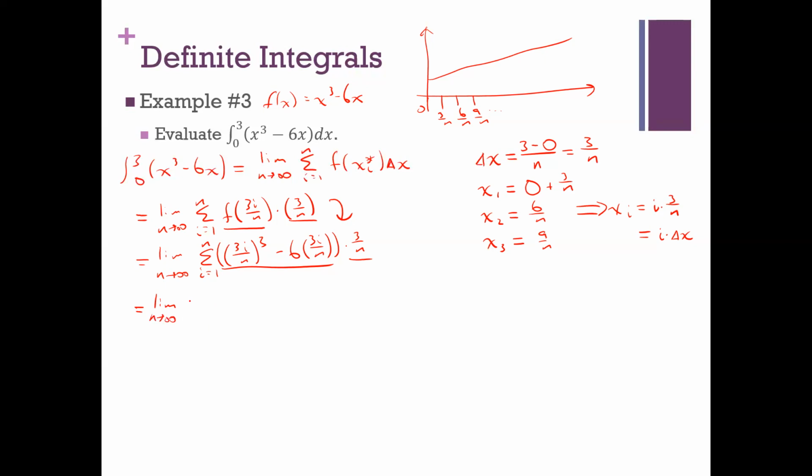So if I keep going, how can these things be dealt with? 27I cubed over n cubed minus 18I over n times 3 over n. 27 times 3 is 81. 81I cubed over n cubed minus 54I over n squared.